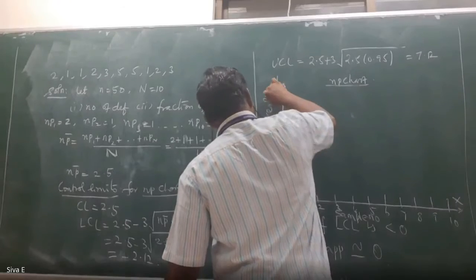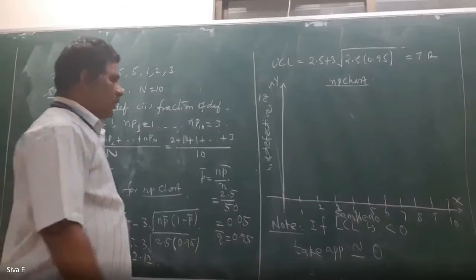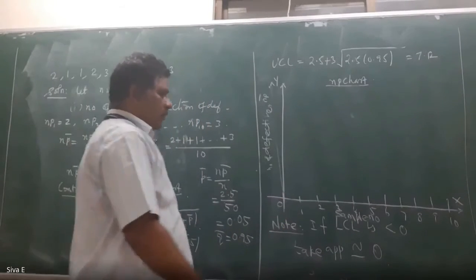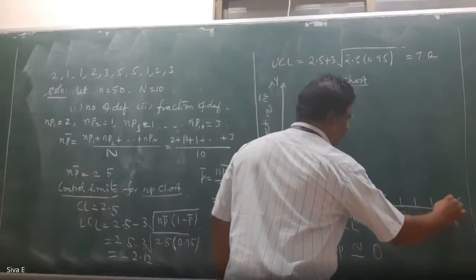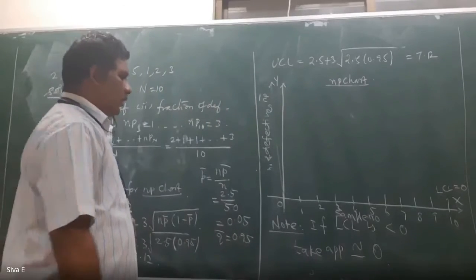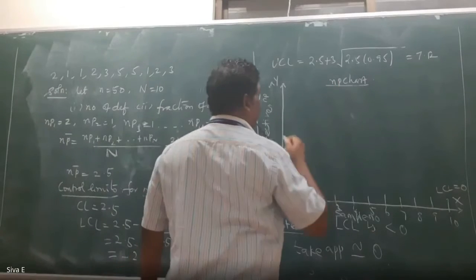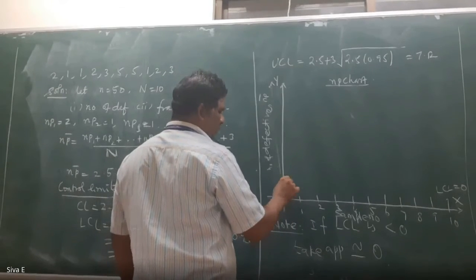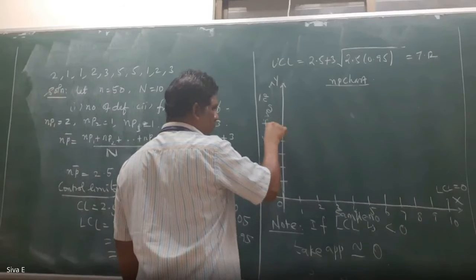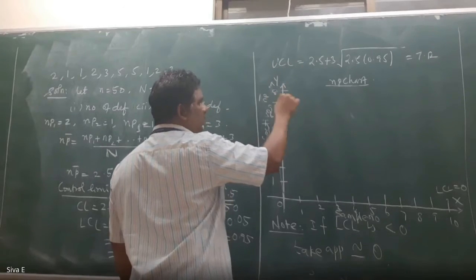You can write number of defectives, NP bar. Start from 0. No need to take a negative value. So LCL equal to 0; you have to write here LCL equal to 0. Then the highest value is 7.12, so up to 8 we write 1, 2, 3, 4, 5, 6, 7, 8.